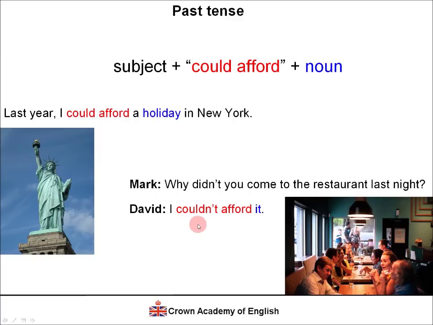Okay, and if we wanted to use the full form, we would say, I could not afford it. And again, you'll hear this very often when people give excuses or reasons why they don't buy something or why they don't do something. I couldn't afford it.